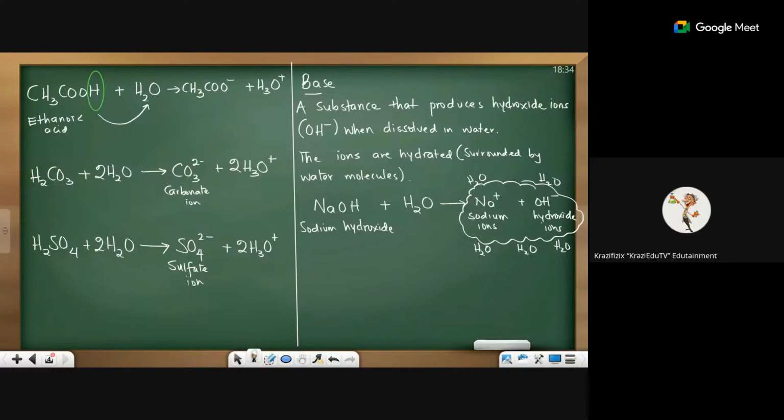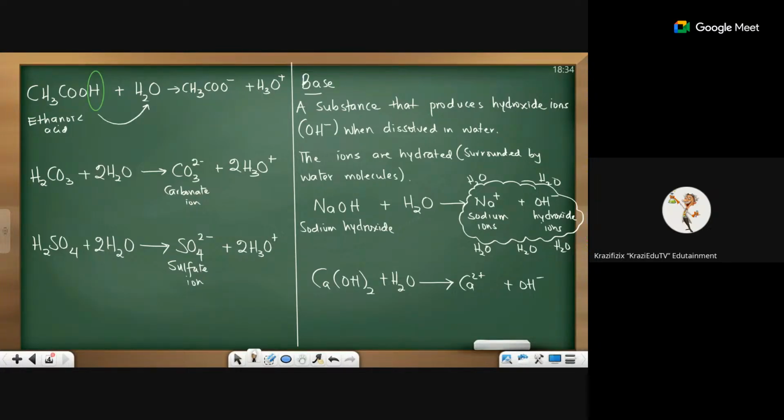I'll just do another example, and then I want us to quickly summarize what we've done. Ca(OH)2 plus H2O. Forget about the water for now. What are we going to have? Calcium is 2+ because of group 2. And then I have OH-. Not balanced.